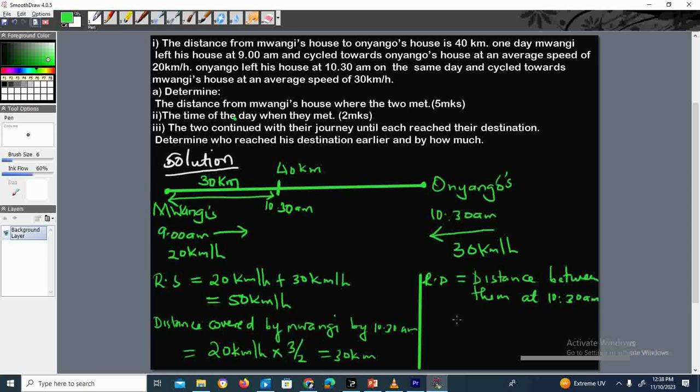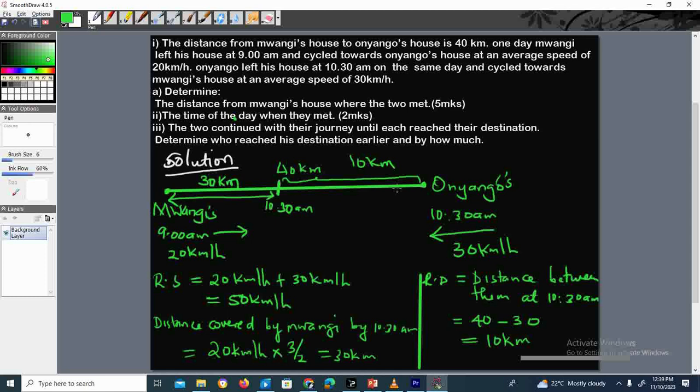So this is going to be given by the total distance between their homes minus the distance that Mwangi had covered, and that will be 10 kilometers. So this distance here will be 10 kilometers, and that will be the relative distance between them.